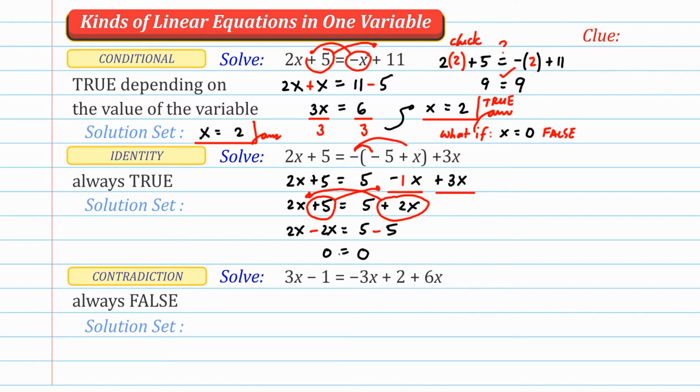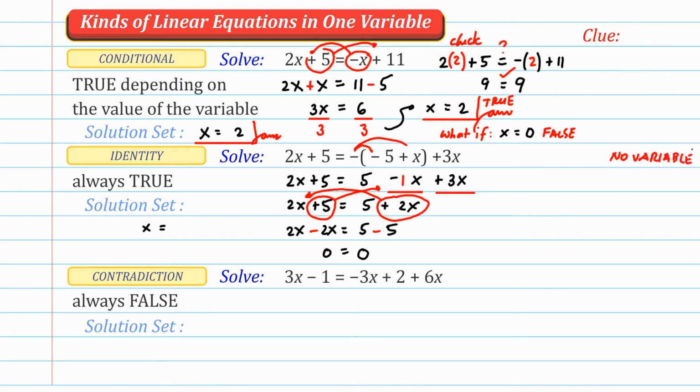Sir, we are looking for the value of x. Isn't that what solve means? Solve for the value of x. That's what we're looking for. But here, there's no x left. Oh my God, no x left. So I'll put here, just an observation: no variable.